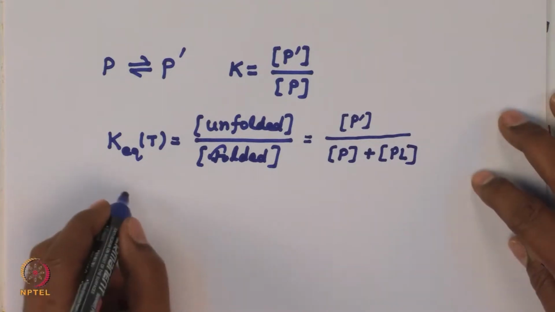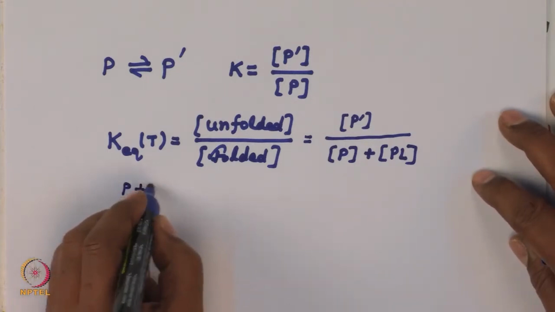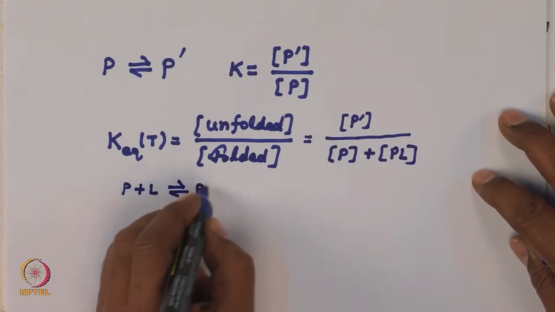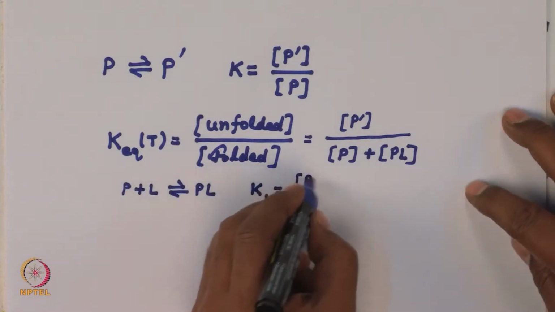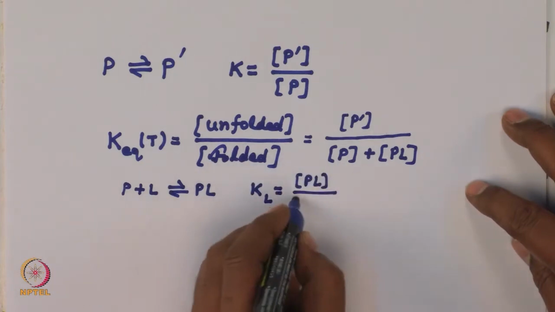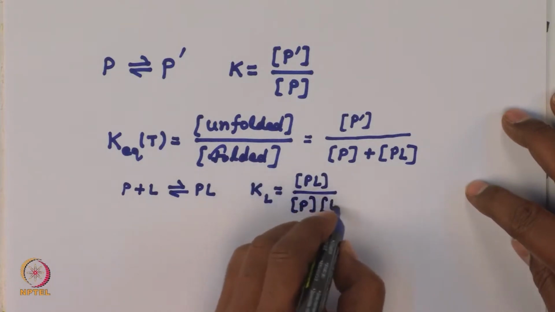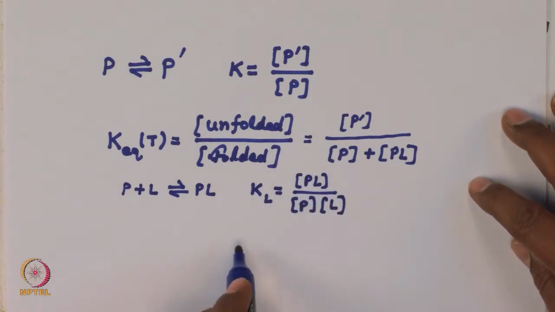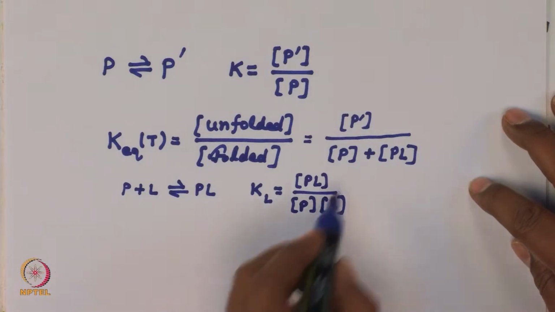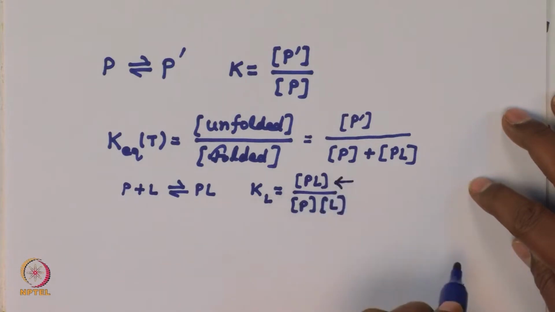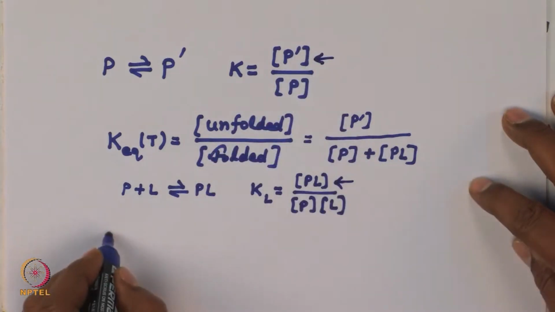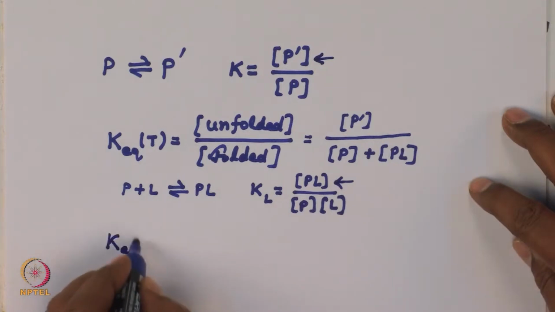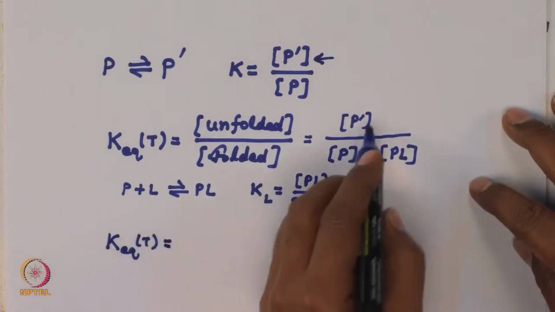Now you see, P plus L, when they are forming PL, your KL is defined as the concentration of PL over the concentration of P into the concentration of L. So, now what I will do is, I will choose PL from here, P prime from here and substitute in this. So, what I have is K equilibrium at T is equal to P prime.